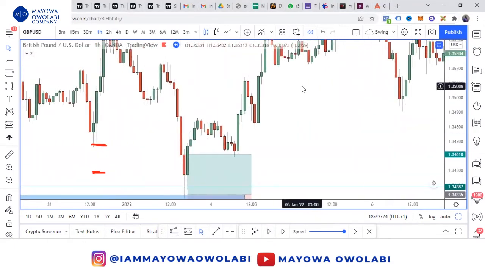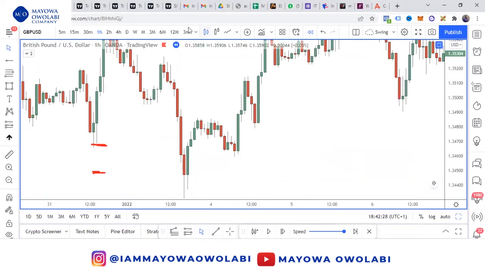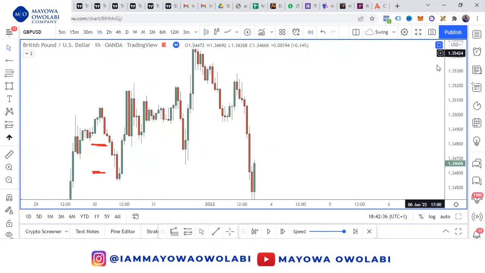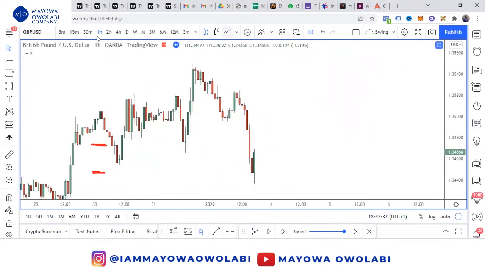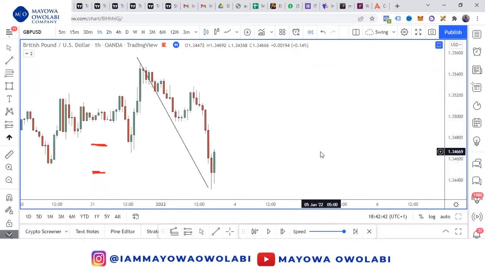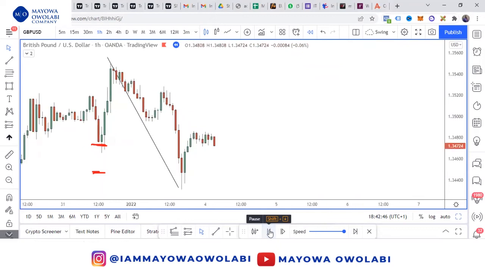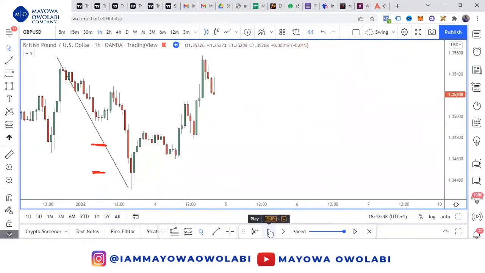And now let's deal with the new one. So the market has created a bullish move, a bearish move, and went up. As a matter of fact, went up and broke this high.